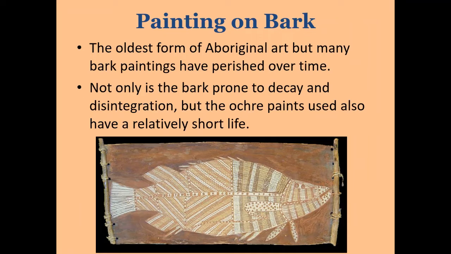It's the oldest form of Aboriginal art, but obviously a lot of them have perished over time because it's bark, it's like paper. Not only is the bark prone to decay and disintegration, but the ochre paints also used have a relatively short life, because remember, instead of the acrylic paint we're going to use today, they were using minerals that they ground up and found in nature.